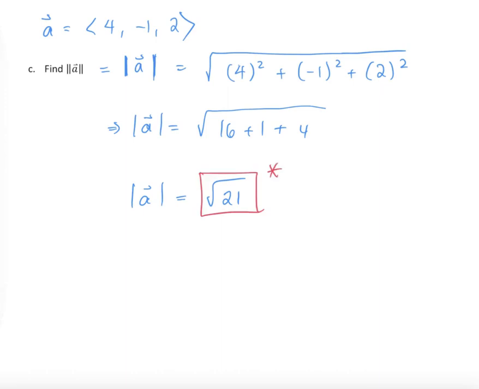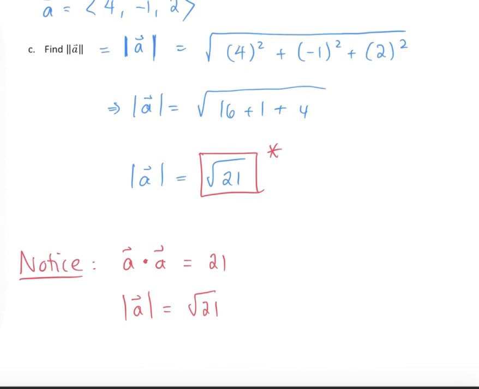And of course that number looks familiar, so let's take a moment to notice that when we found A dot itself, we got 21. When we found the magnitude of A, we got the square root of 21. What we'll see in the next property is that when we dot a vector with itself, we get the magnitude of that vector quantity squared.